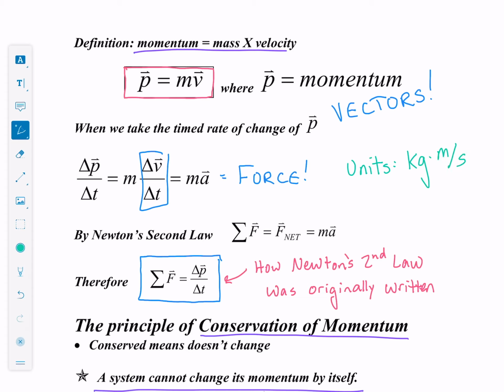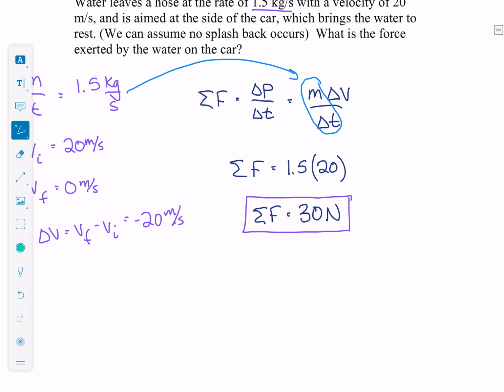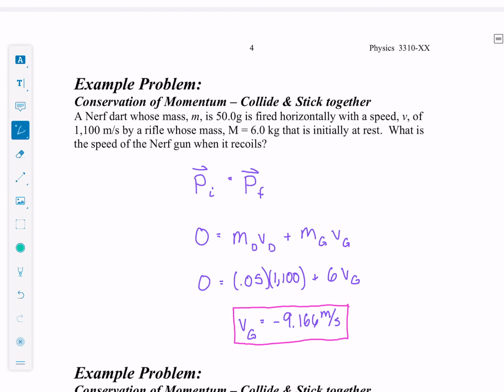Or if we look at the other equation, rearranging, delta P is force times time, so it's newtons times seconds. Those are the 2 units for momentum. So when you're solving these problems, you always need all of your values in kilograms, meters, seconds, and newtons. That's why in this example problem I had to make 50 grams into 0.05 kilograms.